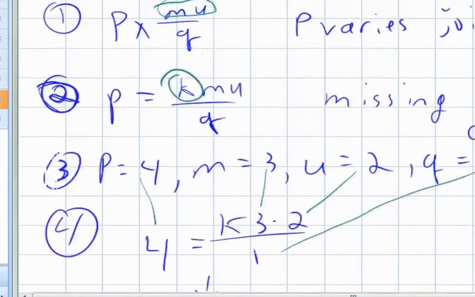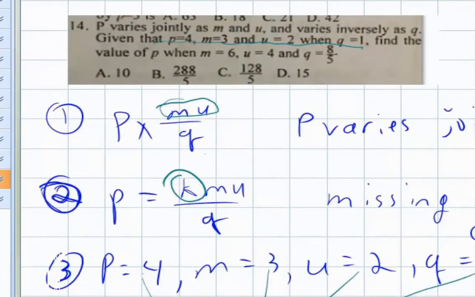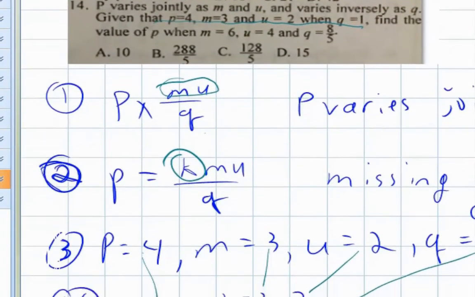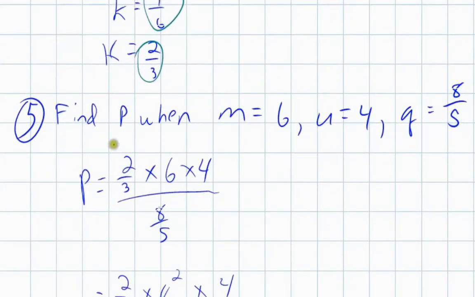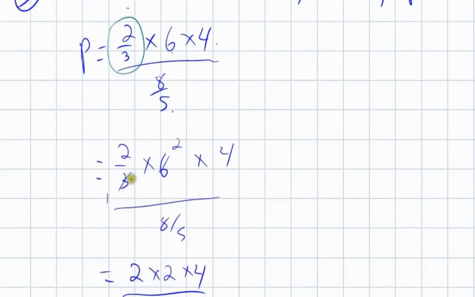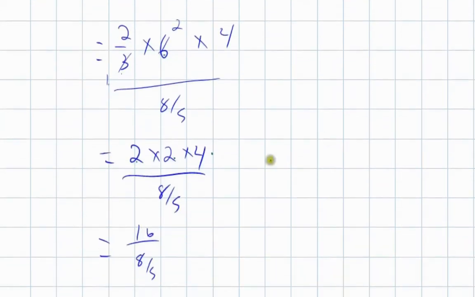Lastly, the final question that they ask us is find the value of p when m is equal to 6, u is equal to 4, and q is equal to 8/5. So keeping my value of k in here, I plug in my other values, and then I start to solve for p. So 3 reduces to 1, and 6 reduces to 2, and I'm left with 2 times 4 on the numerator over 8/5.